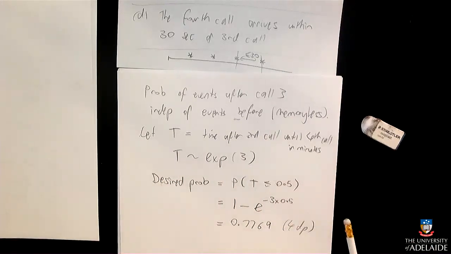So that's not too unexpected. I mean, if you've got half a minute, then if 3 calls happen in a minute, you'd expect 1.5 calls in half a minute. And so you would expect the first call to happen within that time frame, and so it should be pretty likely to happen. Okay.